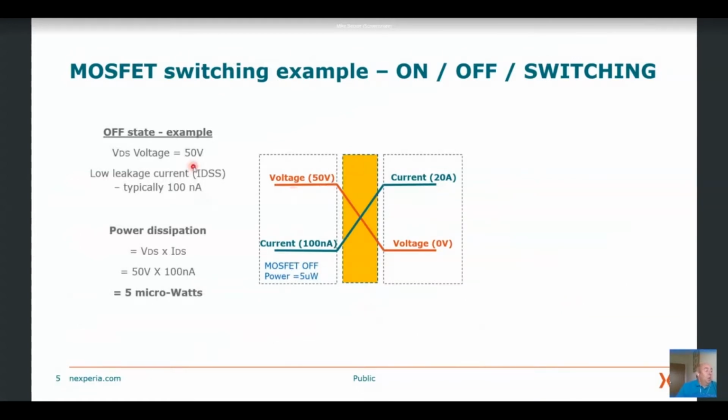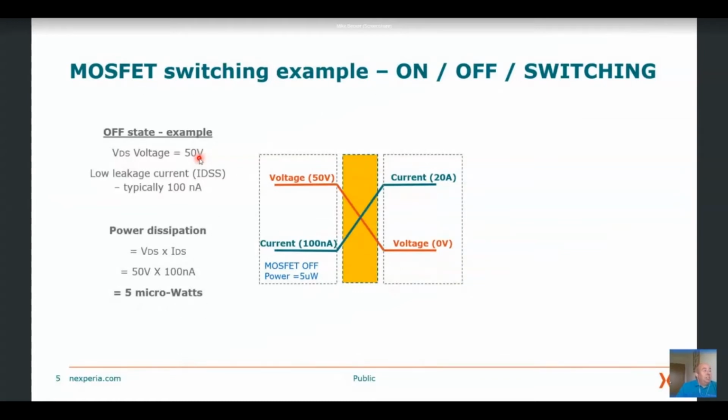So if we look at a typical steady state condition for the MOSFET. The MOSFET really is a switch. It's got two states. It can be off or it can be on. In this example, we've chosen a 100 volt MOSFET with a voltage applied to it of 50 volts, which is about half of its total breakdown capability.